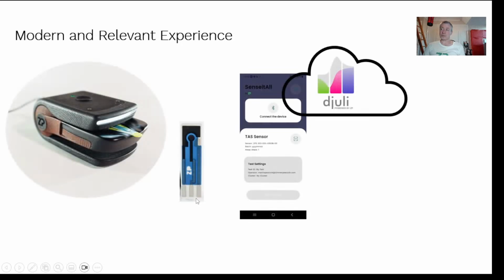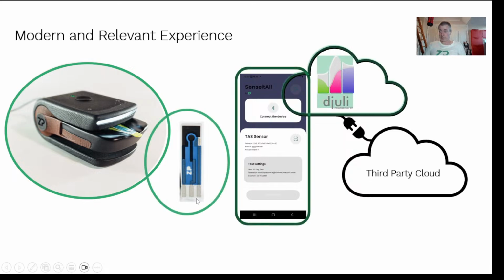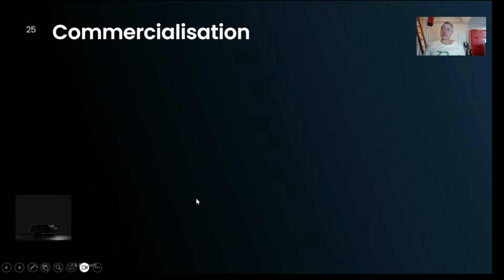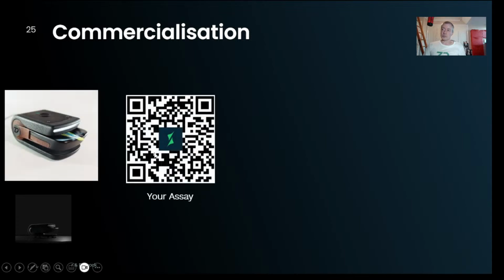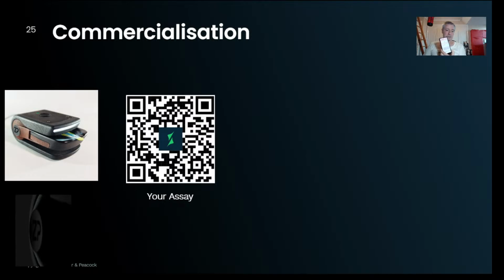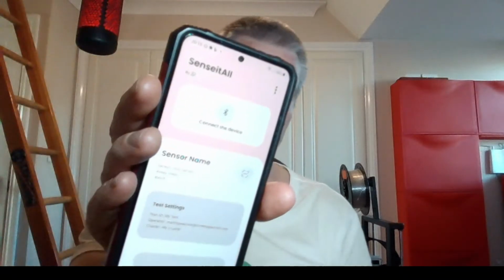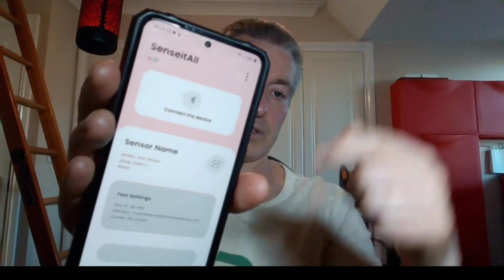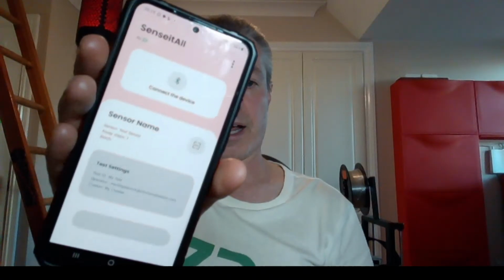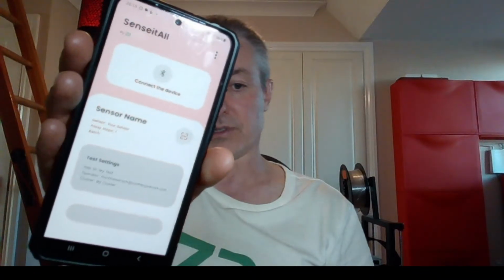So this is a very modern and relevant piece of technology, both for development, but also for commercialization. I'm just going to scan this QR code off my computer here. Now I'll change screens for a second. I scanned that QR code. The way we've set this up, this is a generic app at this point. You can put your own details into this if you're a partner of Zimmer and Peacock.